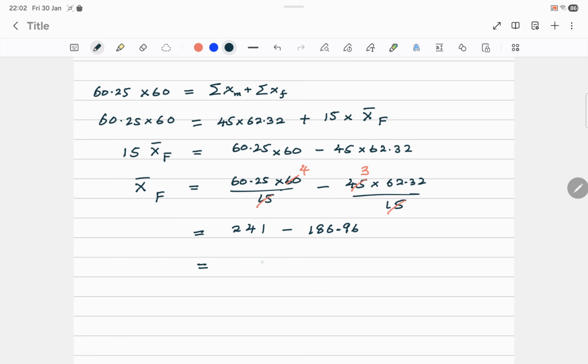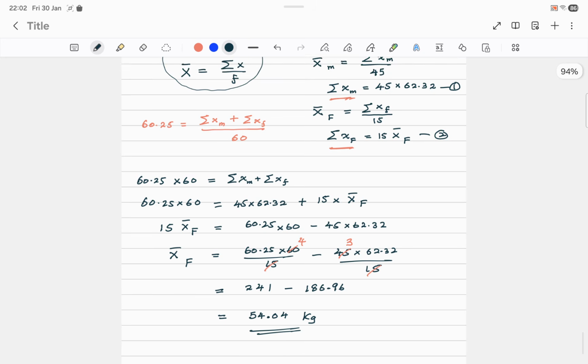So the difference is 54.04, right? So this is the mean mass of the females.